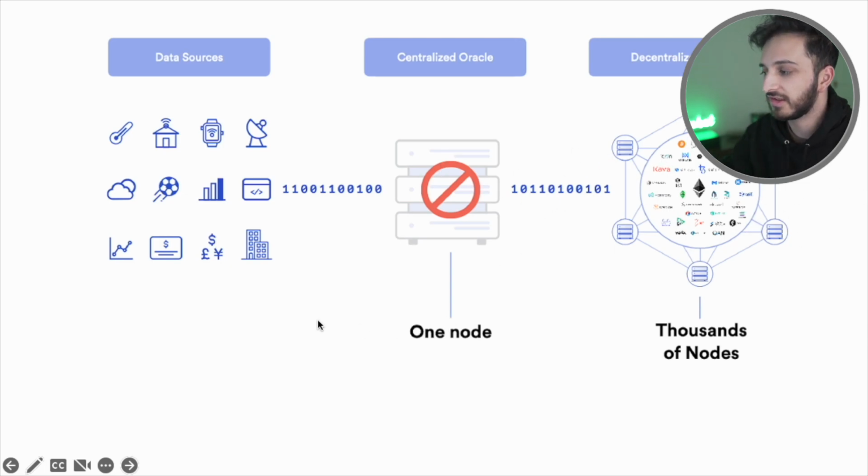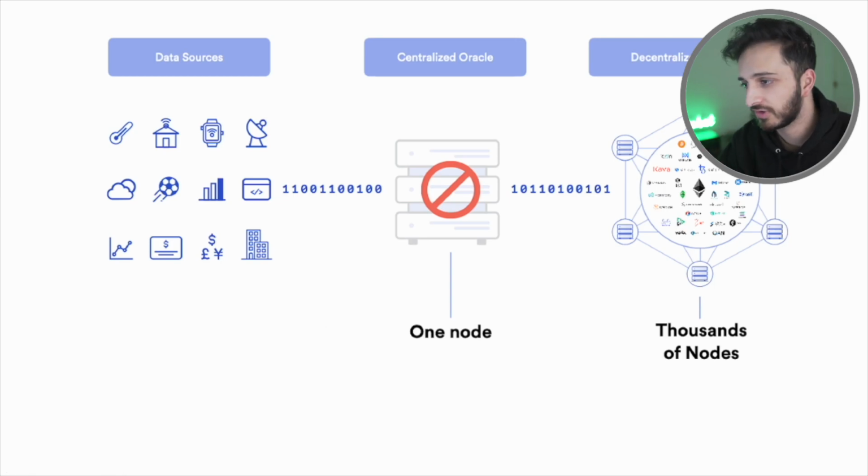Well, the issue is that if you've got one centralized node or one centralized organization or company doing this, there is risk with that, because even if they aren't trying to be dangerous, or even if they're not trying to rug or attack or hack, there can still be biases in some of these things. And therefore, what we need is a decentralized oracle.